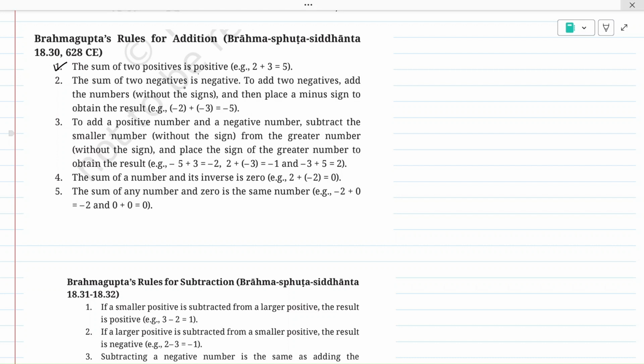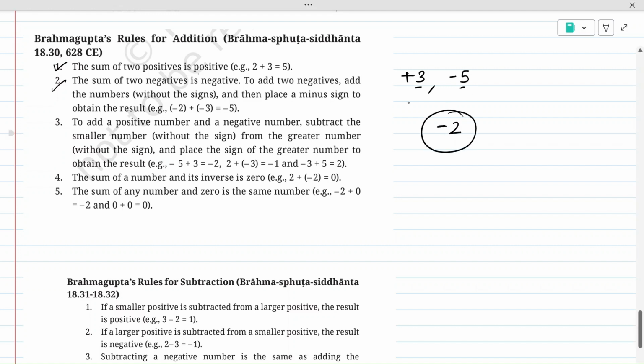Now the sum of two negatives is also negative. So what we can do is just add the numbers and put the negative sign. Now, to add a positive number and a negative number, subtract the smaller number from the bigger number without the sign, and then put the sign of the bigger one.